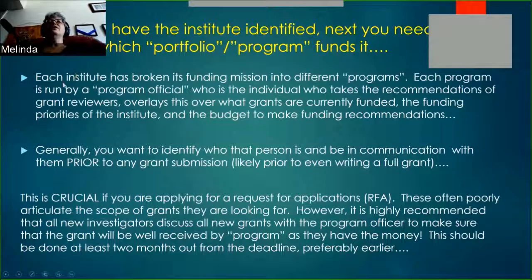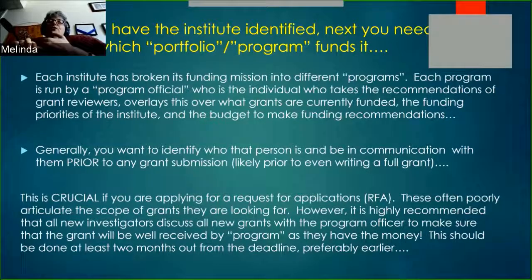And that's how institutes work: each institute has broken its funding mission into different programs, and each program is funded by a program official. And this is the person who really administers, who is involved in really making the final decisions about what's funded.